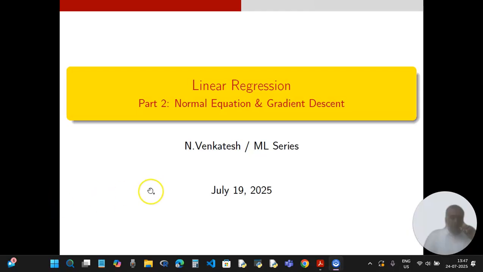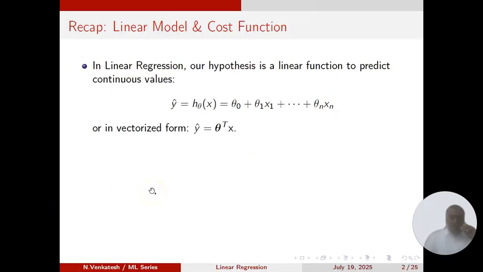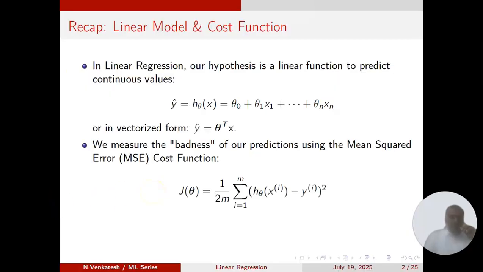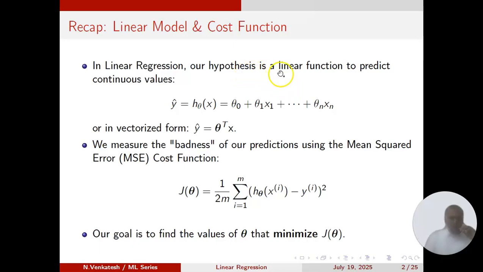Okay, so let us quickly recap what we discussed in the previous class. We have formally defined the linear regression problem, where the target function is a linear relationship between the target variable and the features.